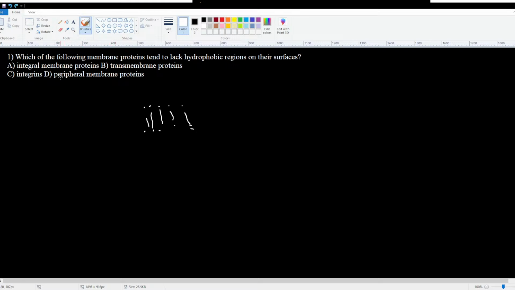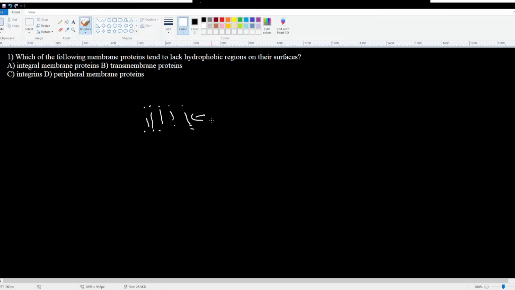So now when the question's asking which of the following membrane proteins tend to lack hydrophobic regions on their surfaces, well, let's see. If something lacks a hydrophobic region, then it's going to want to hang out on the outside of the cell membrane, right?